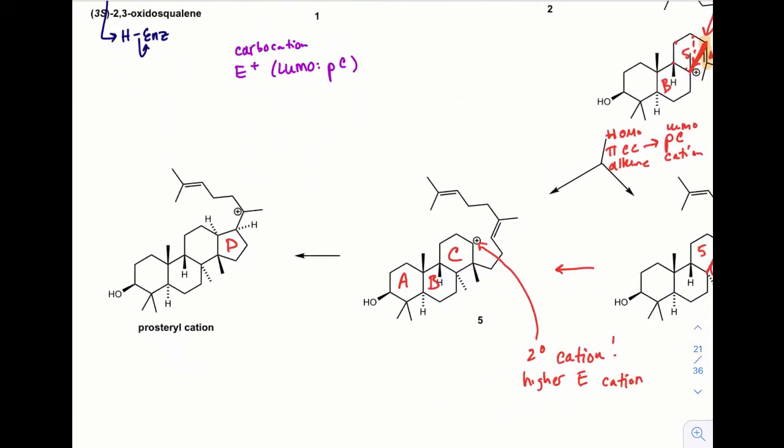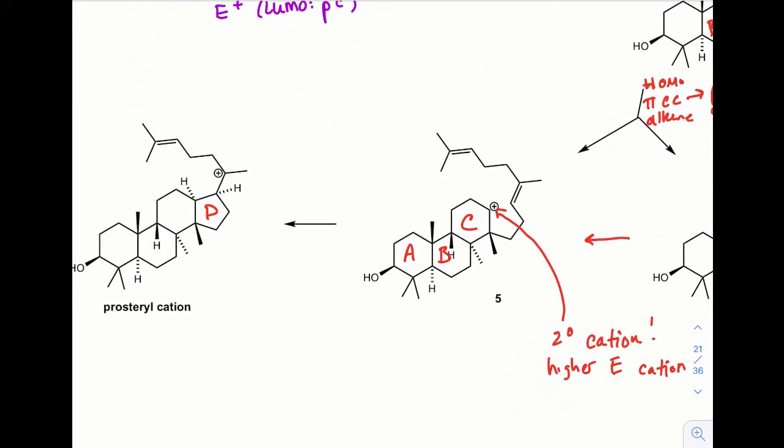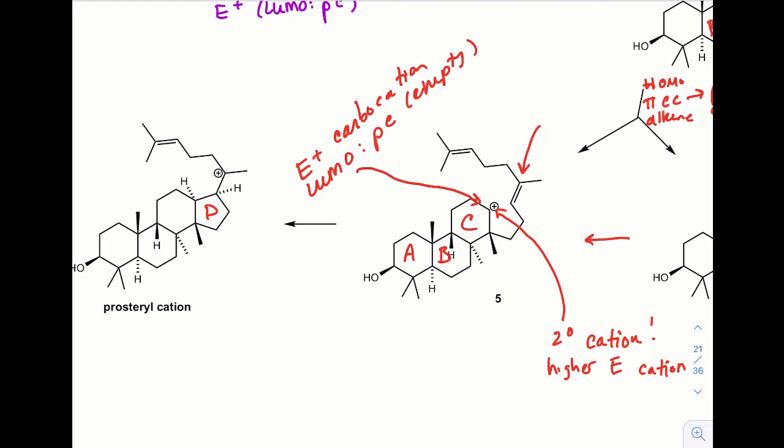So we're going to zoom in here. And this is the last step that has to occur before the protosteryl cation is formed. So we have, once again, the electrophilic carbocation. It has that empty p orbital, and the enzyme is holding this alkene with its pi electrons that it can donate in the perfect place for this cyclization to occur.